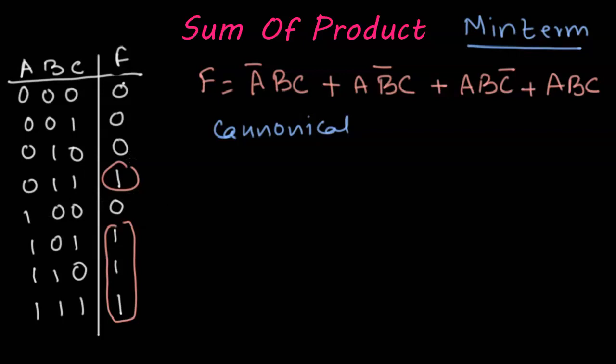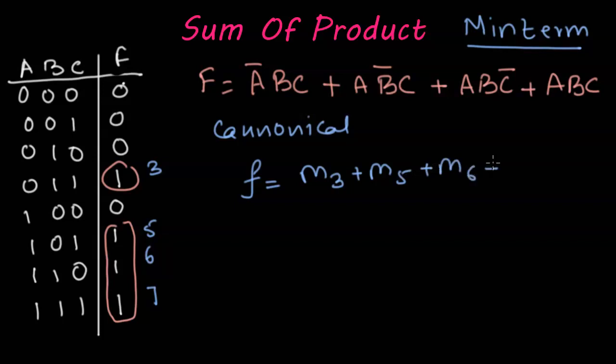Let's understand another way of writing it. This is the 0, 1, 2, third term, 4th, 5th, 6th and the 7th term. Hence, F is the addition of my third, 5th, 6th and 7th minterms.